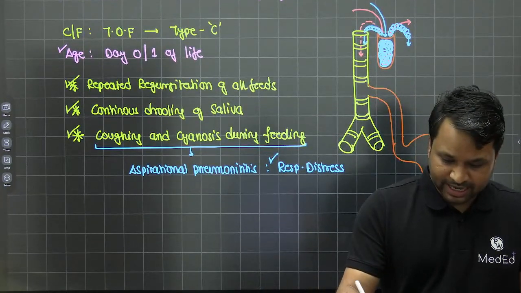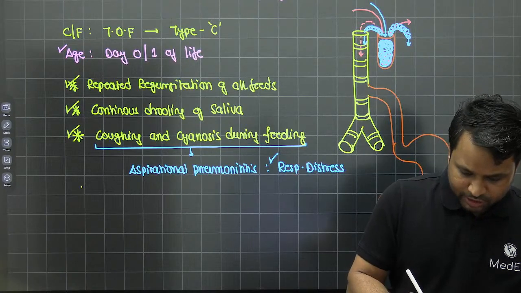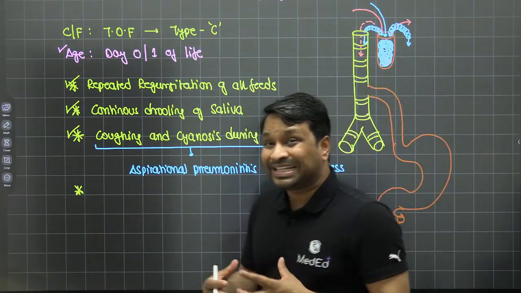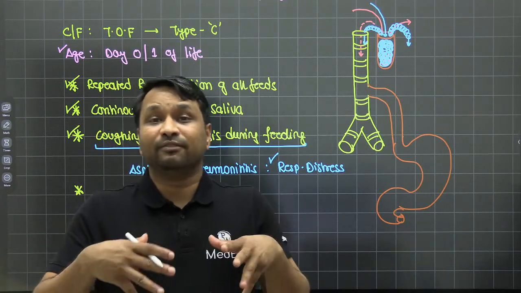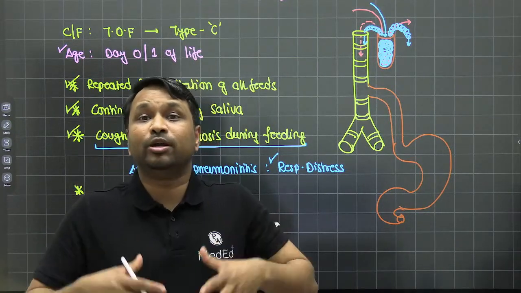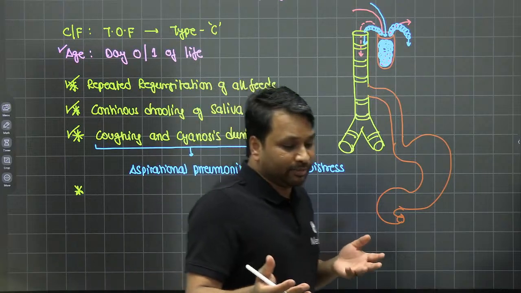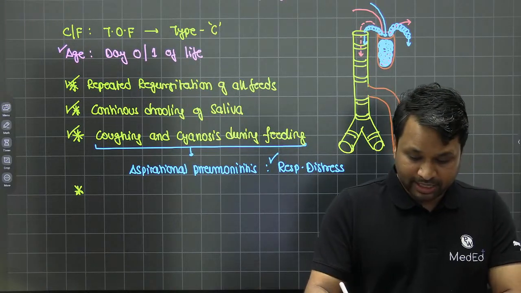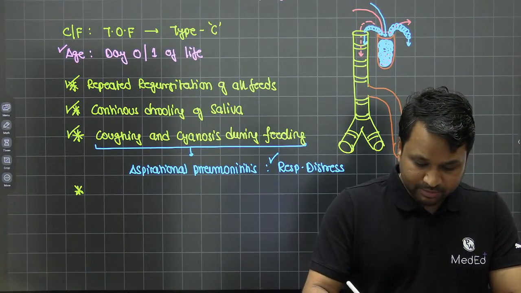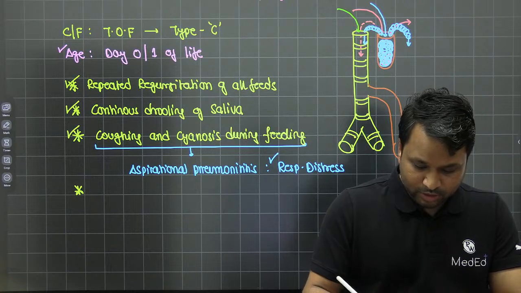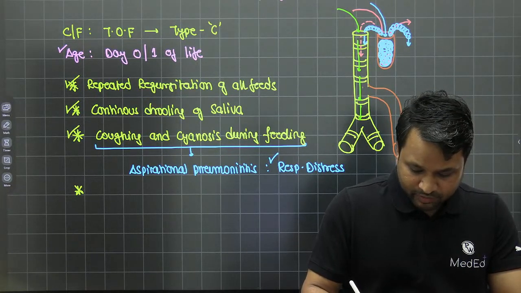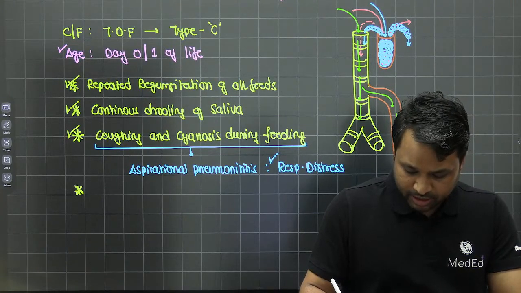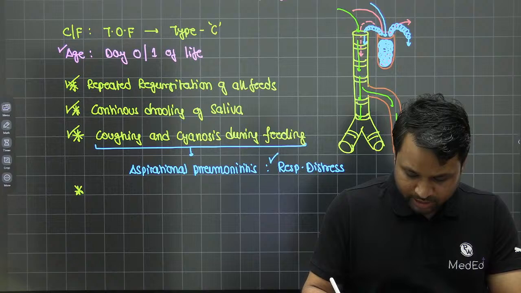Another very interesting thing: every single time the mother is trying to feed, the baby is not able to accept any feeds. Because the baby is not able to accept any feeds, what is going to happen? We expect the abdomen to be collapsed because there is no food in the tummy. But what is contrarily happening is, you will notice every time the baby breathes, the air goes into the trachea. As the air travels into the lungs, some amount of air via the fistula is going to go into the esophagus, from there into the stomach, and the air is going to get accumulated in the stomach.